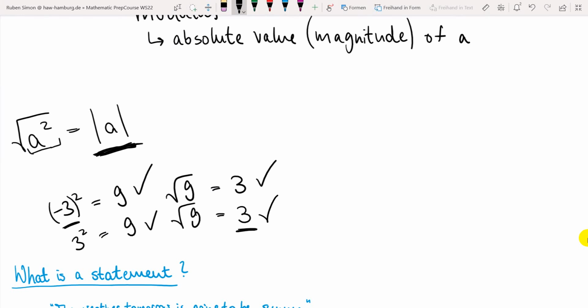That's why you will, in both cases, end up with a positive number. And that's why this modulus becomes necessary in this case, because the result of this outer operation, of the root operation, can never be a negative number. And that's what you have to keep in mind.